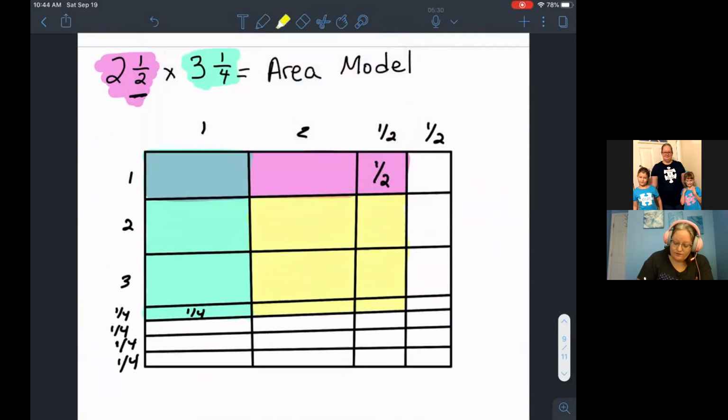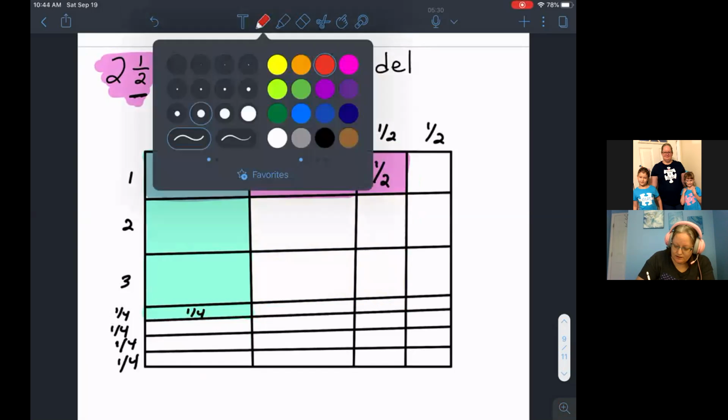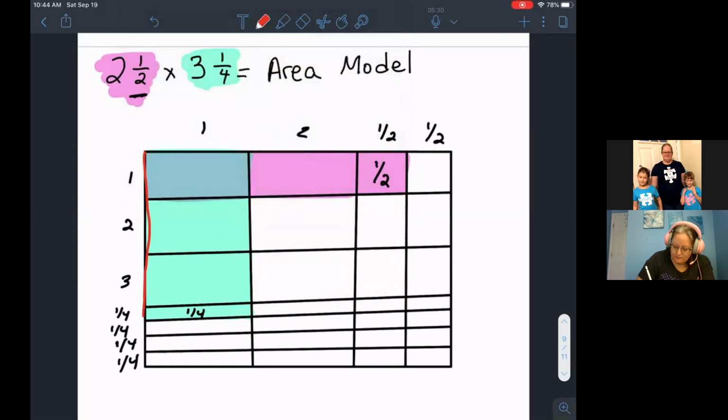What this means is our 2.5 by 3.25 is represented by this total rectangle right here. We need to find everything that's inside that total rectangle.